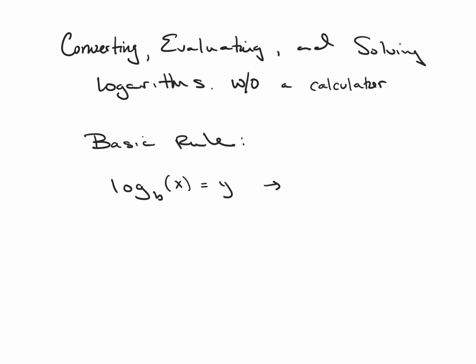But in its non-function form, it becomes b to the y power. So remember, whatever the base of the logarithm is will be the base of the exponential, and whatever the exponent is, what it is solved for, is equal to y, and then that will be equal to x. So whatever you're taking the log base b of, in exponential form, is the new output.